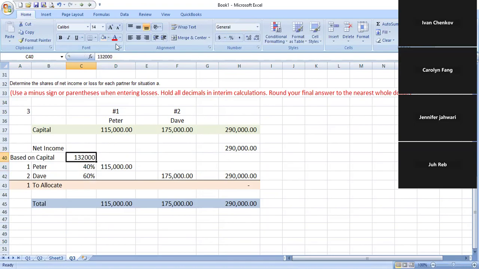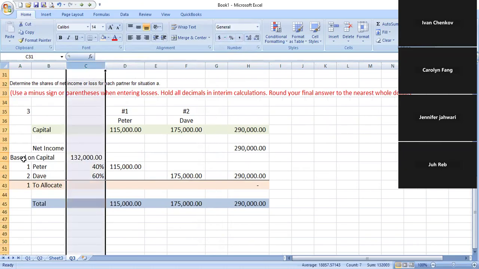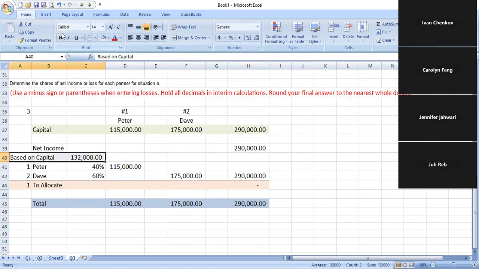We cannot exceed that amount. So let's start calculating the first allocation based on the capital. Obviously here we have to allocate 132, and the next will be moving forward.